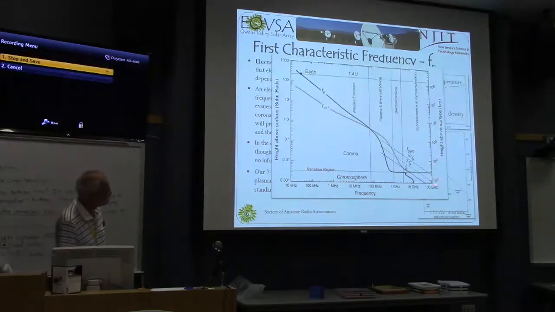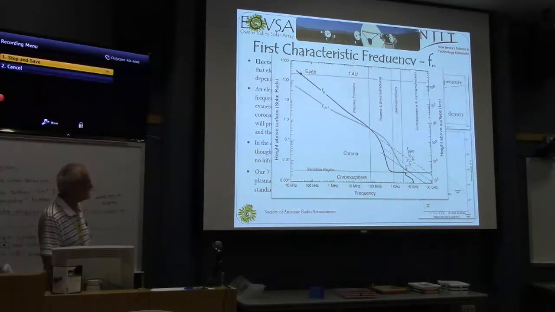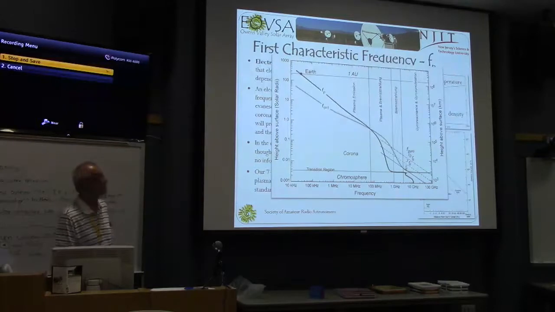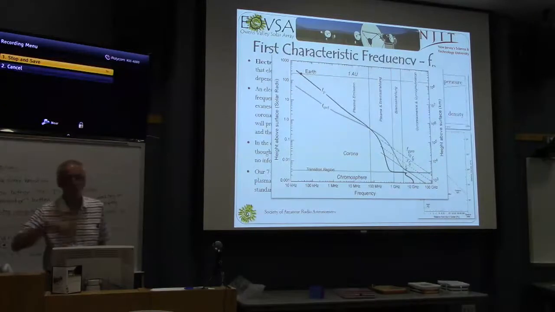And then over here is the height in units of kilometers. So we're going all the way from very, very low in the atmosphere all the way to the Earth. The Earth is sitting out here at 215 solar radii. So this diagram gives you information about the sun and the solar wind all the way out to Earth.